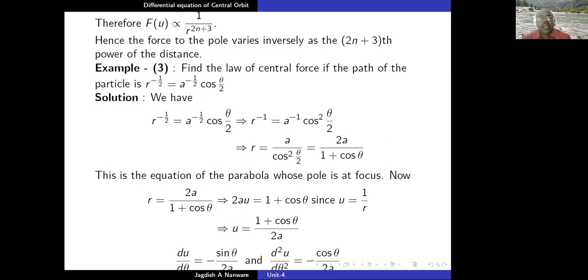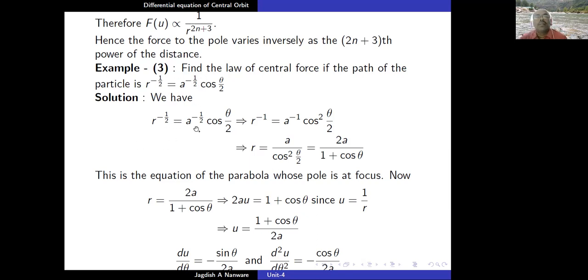Then we use that differential equation, that is second order derivative of u with respect to theta, plus u is equal to central law of force f of u, right? And substitute those values of second derivative of u, and then we see some relation between f of u and r. So see, this is the way of doing this example.